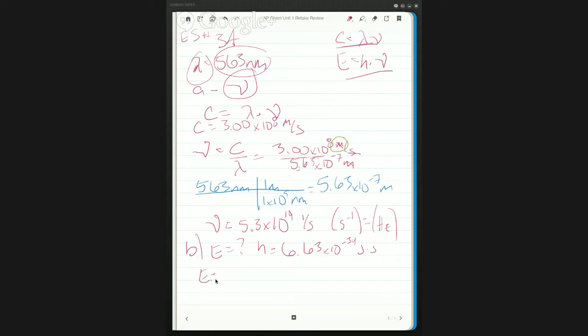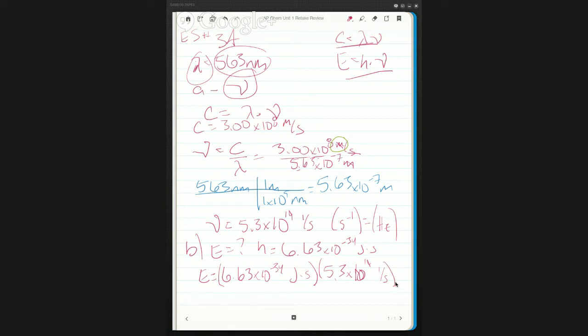So E is equal to 6.63 times 10 to the negative 34th joules times seconds times the frequency, which we got from a previous problem, 5.3 times 10 to the 14th, 1 over seconds.